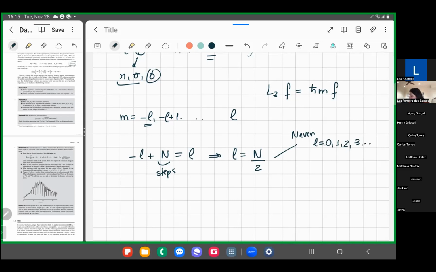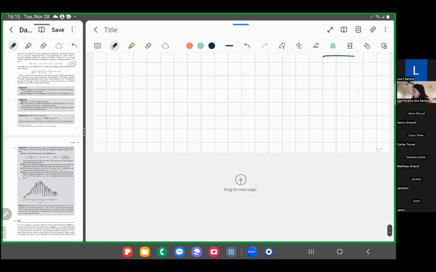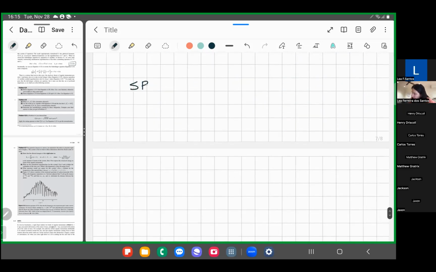We only saw the integer values of this l. Now, if n is odd, then we get half integers: one half, three halves, five halves. These ones we never saw. When we are talking about the orbitals of the electron, we never saw half integers. Where will these half integers show up? In the concept of spin.